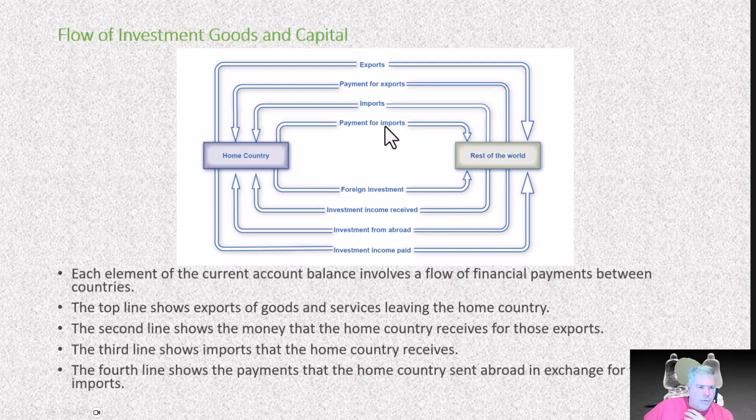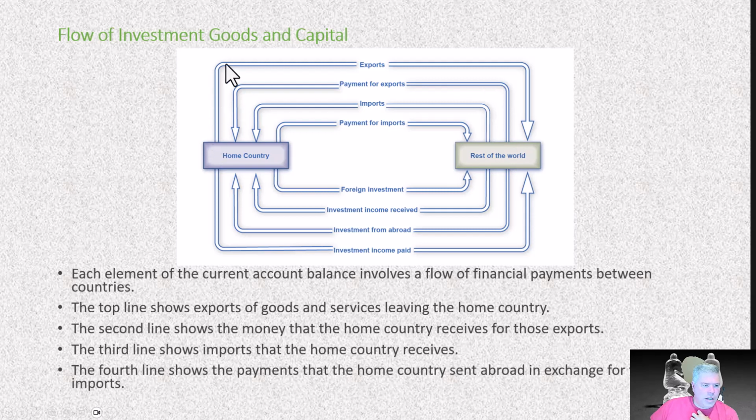We'll pay for our imports, so we may import semiconductors from Taiwan, we may import cars from Japan and Korea. And when we pay for those imports, they're going to send the imports over. They're also going to buy exports from us, and they're going to pay for those exports.